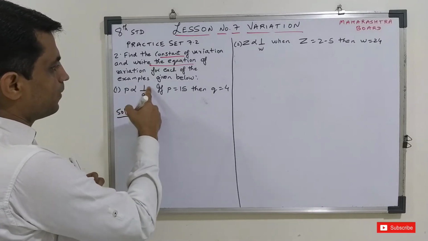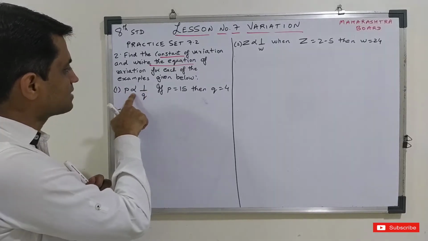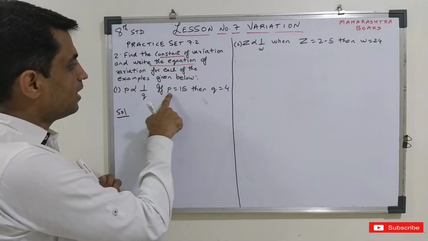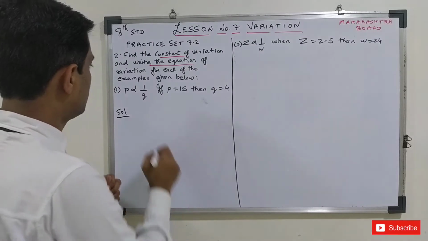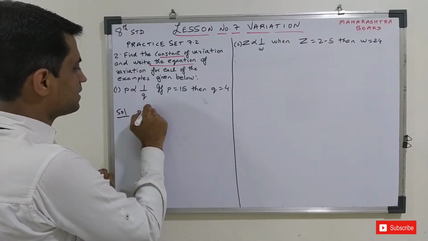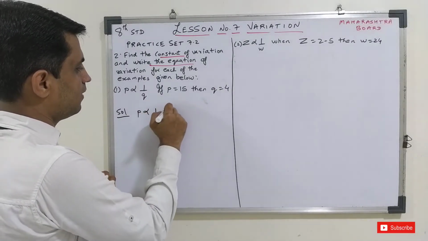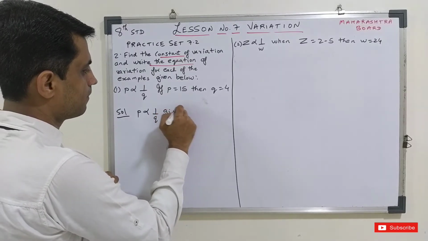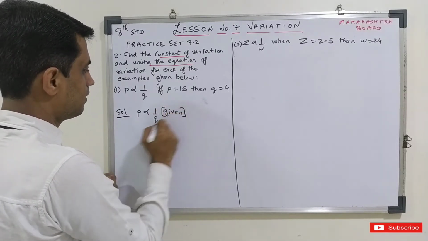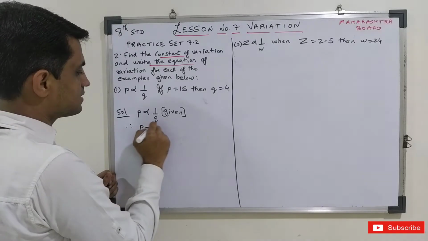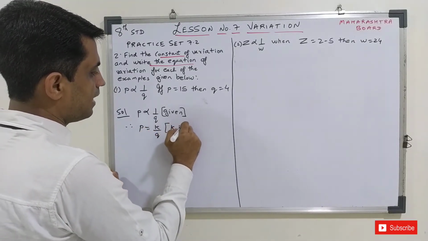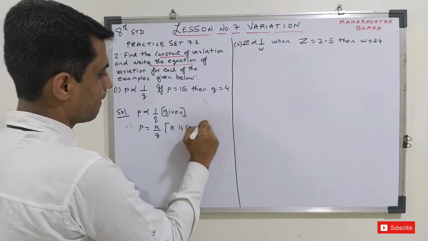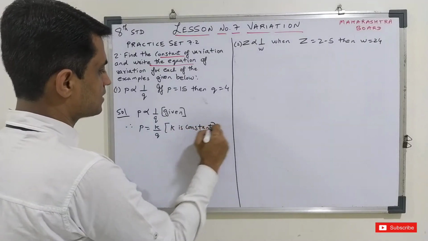P is inversely proportional to Q. This is called inversely proportional to Q. If P is 15, then Q is 4. That is given. So here we will write P is inversely proportional to Q, given. Therefore we will get P is equal to K upon Q, and here we will write K is constant.